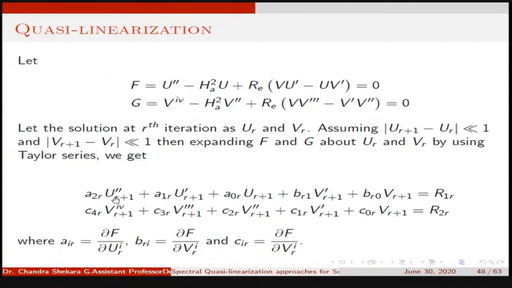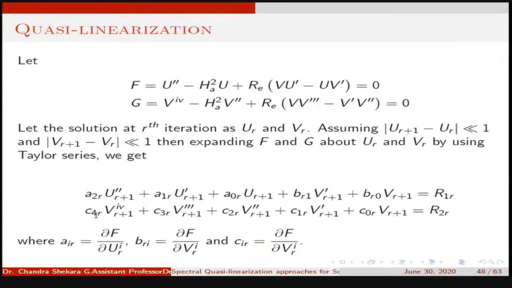So these are after expanding the Taylor series and taking the terms with suffix r to the right hand side and keeping the terms with suffix r plus 1 on the left hand side. So with this, the two nonlinear equations become like this. Now you can check that a2r, a1r, the coefficients are completely at the rth iteration, so they will be known values. And the right hand side r1 is a known value.